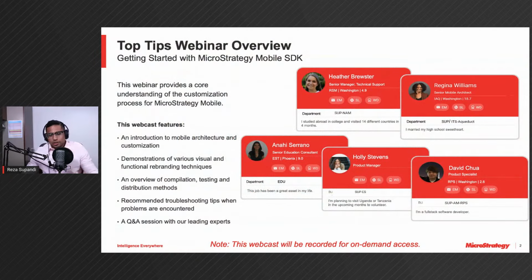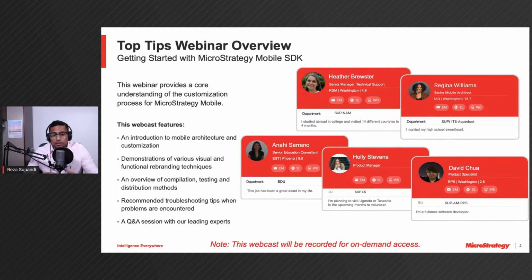For today's session, we are joined by a plethora of awesome MicroStrategy experts in mobile SDK. You'll be hearing from David Chua, our mobile SDK product specialist, and Regina Williams, who is a senior mobile architect on our North American support team. David and Regina will be sharing an overview of the MicroStrategy Mobile customization process, and they will share several demonstrations of various rebranding techniques.